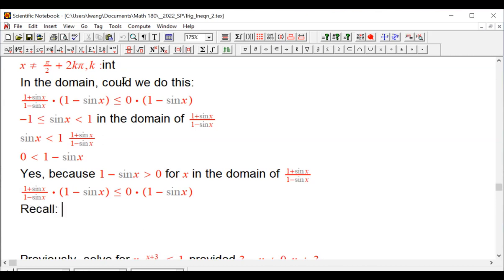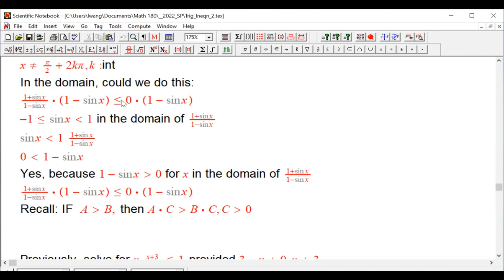Recall the principle we have studied: if A is larger than B, then A times C is larger than B times C, provided C is positive.